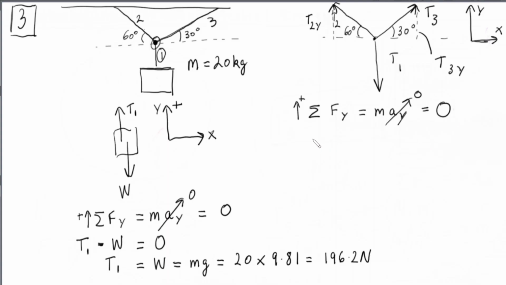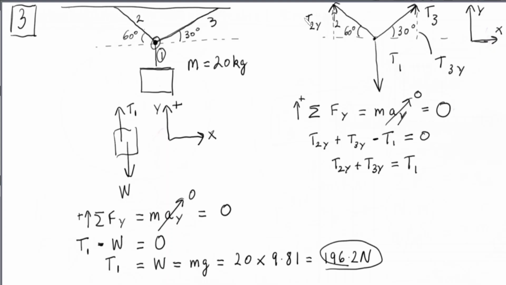So we can say T2y plus T3y minus T1 is equal to 0. Now we already know T1, so we can go ahead and plug that in. So we get T2y plus T3y is equal to T1.